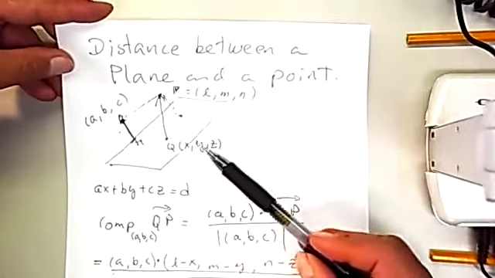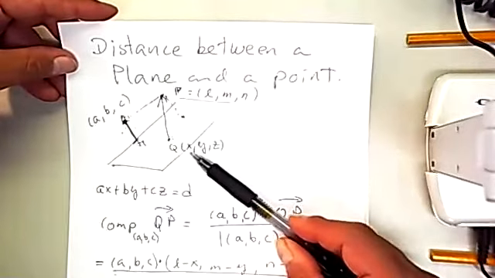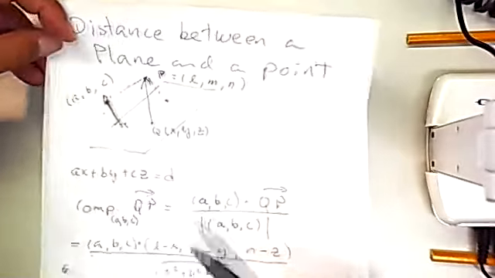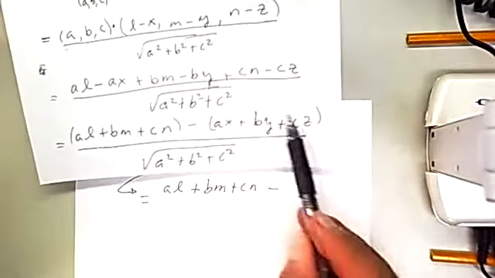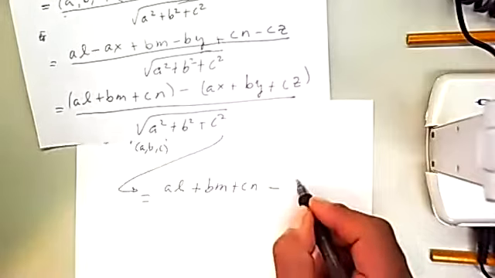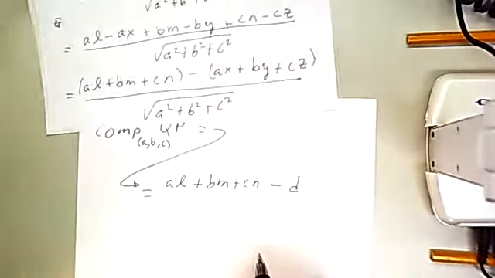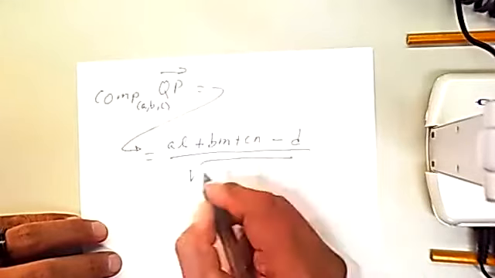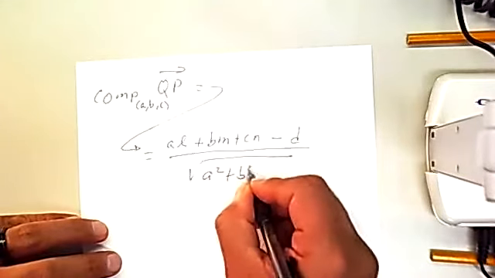Consequently, if you plug X, Y, and Z into this equation, you're going to end up with D. So this part is equal to D, and we can subtract D. Then we still divide by the square root of A squared plus B squared plus C squared.